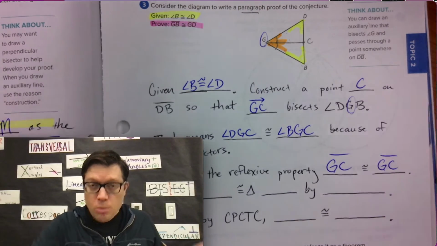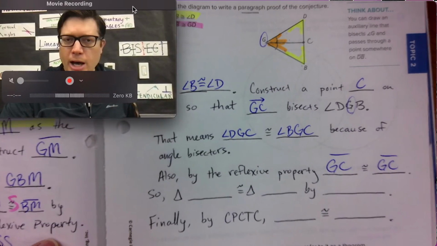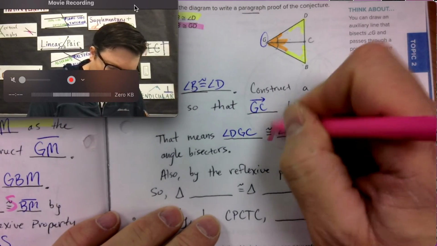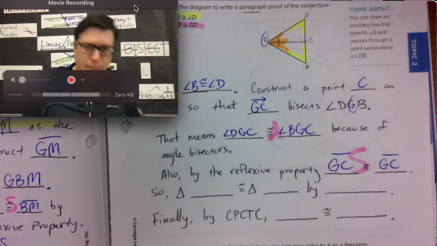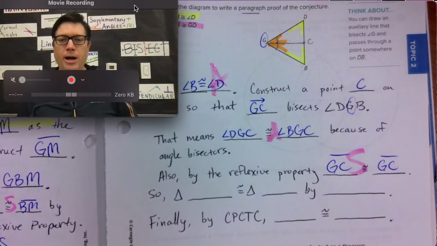Okay, so that means that we have an angle pair, and we have a side pair, and we have an angle pair.